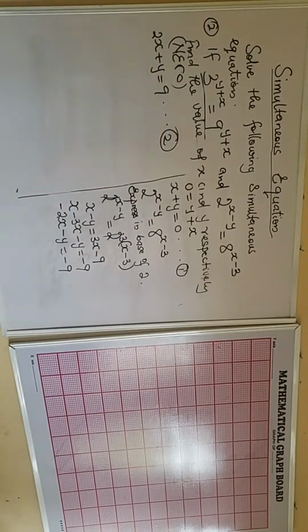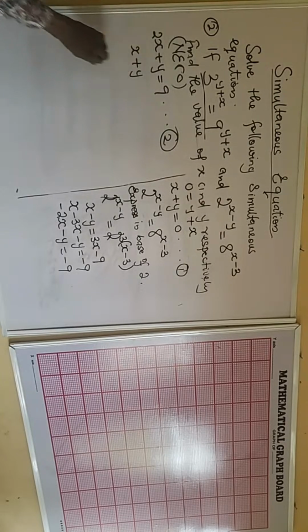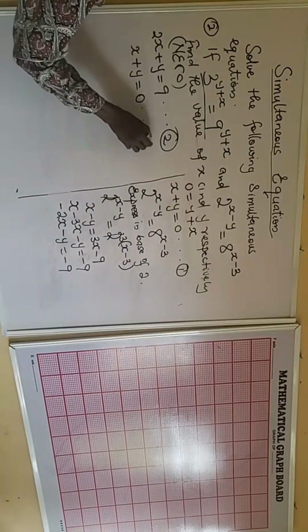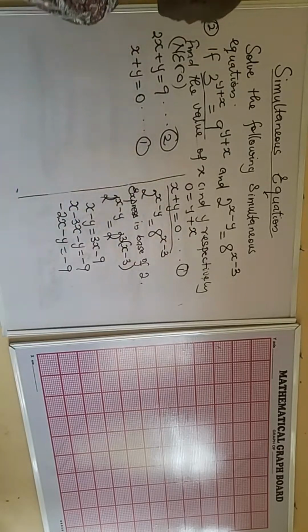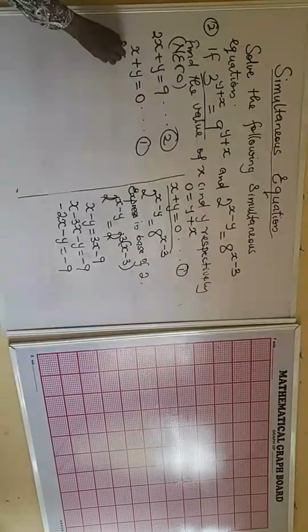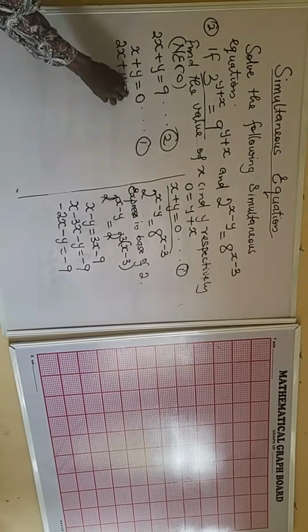Now, let us bring equation 1 and equation 2 together. Equation 1 says x plus y is equal to 0. And our equation 2 says 2x plus y equals to 9.